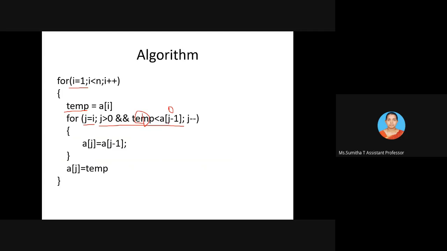If a of 0 is greater, we have to swap. How can we swap? a of j equal to a of j minus 1. Is it clear? The temp has the value of the first element, not the 0th position.